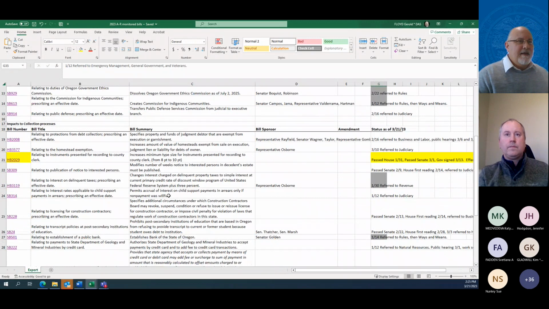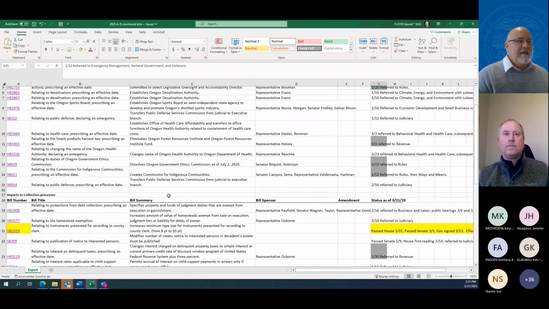But the next deadline is April 4th. It needs to have had a work session in the first chamber. If it does not, then it is definitely dead in committee. So some of these are moving. I would suspect that at least half of them will probably be dead in committee by the time we meet again.